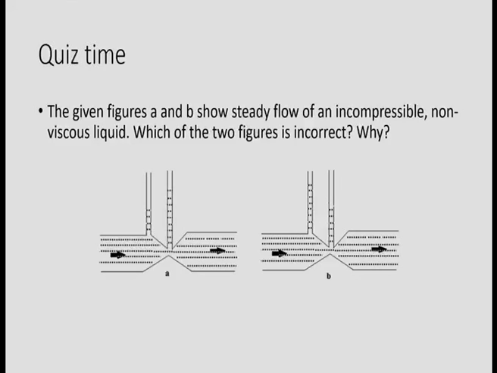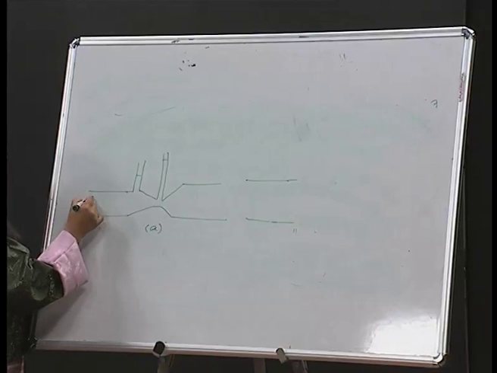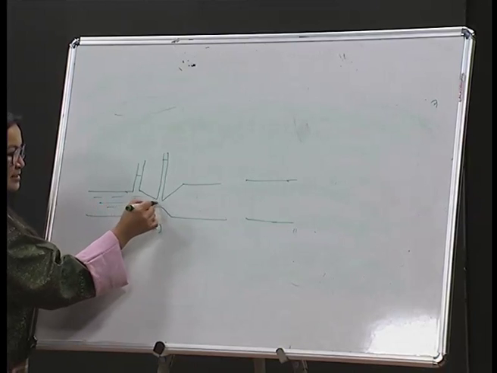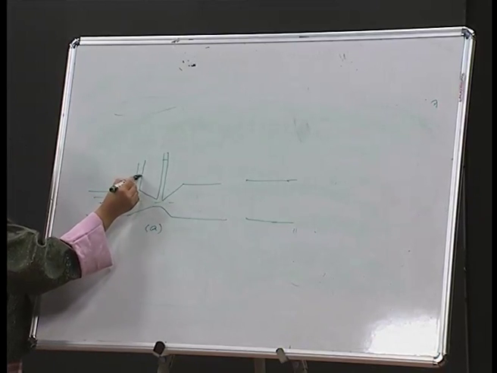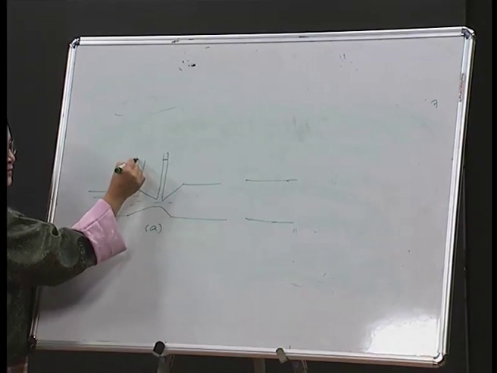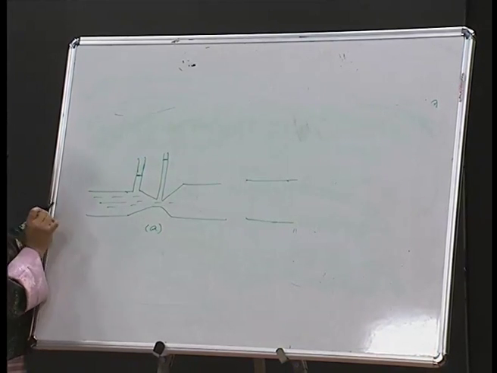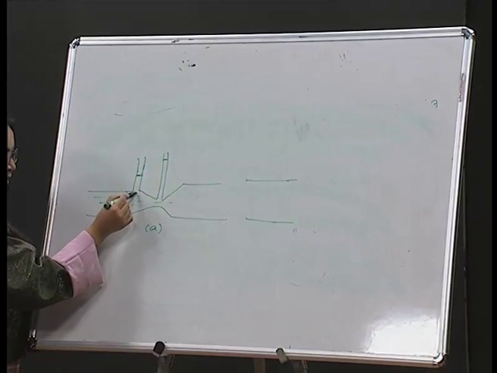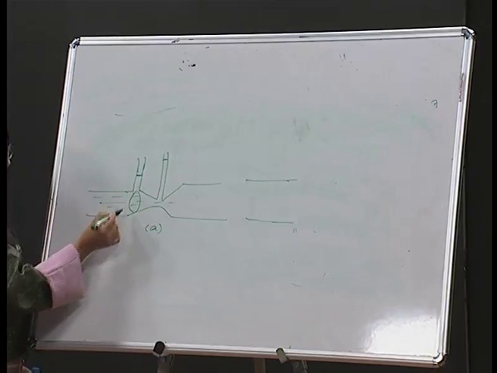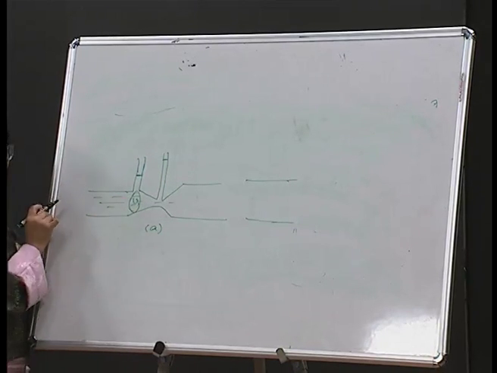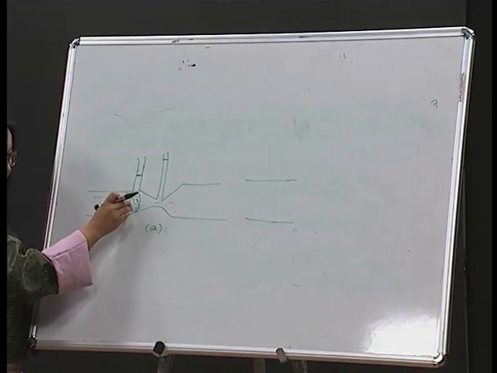Okay. Now, let us see whether you have got the correct answer or not. So, let us see the first one. In the first one, A, you have ideal fluid flowing here, the water level is here. In the first tube it is lesser, in the second tube it is higher. Now, let us see, here you have bigger area, lesser velocity, more pressure.